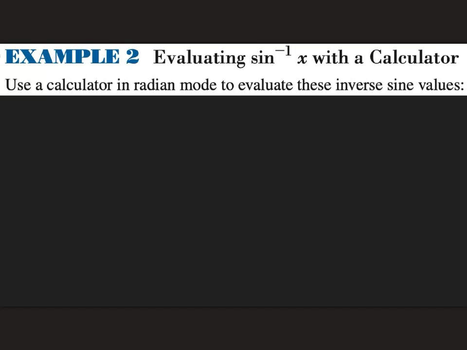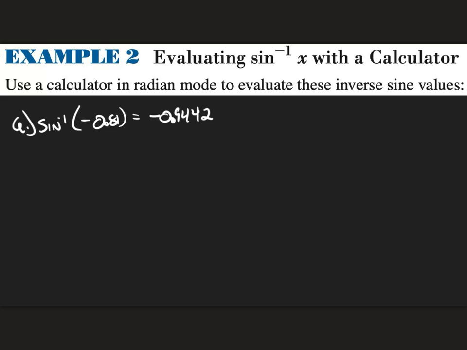Okay, so use a calculator in radian mode to evaluate these inverse sine values. So let's take a look. A is going to be the sine inverse of a ratio, negative 0.81, which gives you a number in radians, negative 0.944, rounded to 3 decimal places. We should probably go to 4 decimal places, just to be safe.